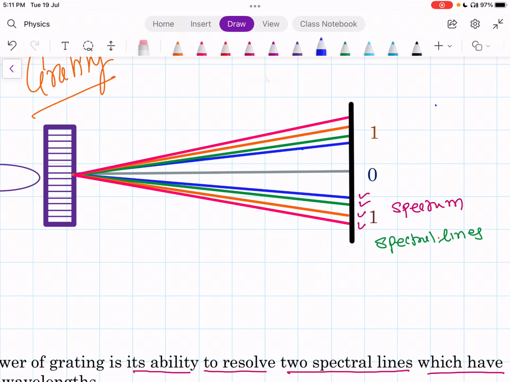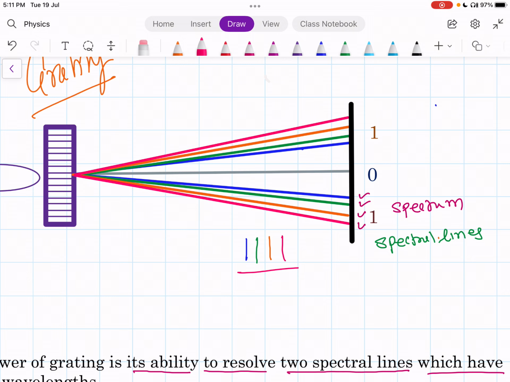Actually, in the telescope you will see such lines, and such lines are called the spectral lines. You can see separate lines here because there is a comparatively large difference between the wavelengths of these colors.